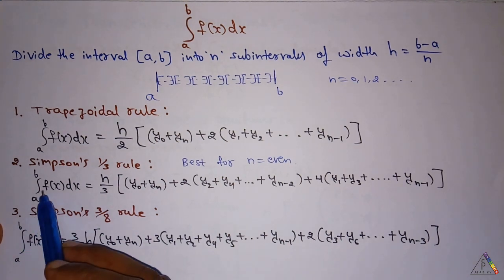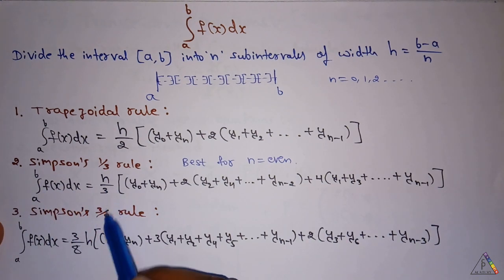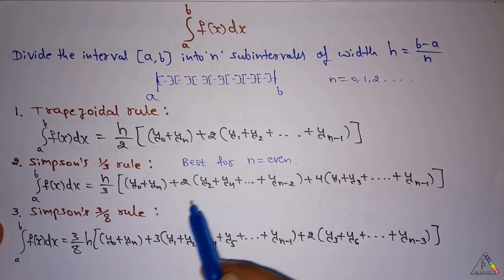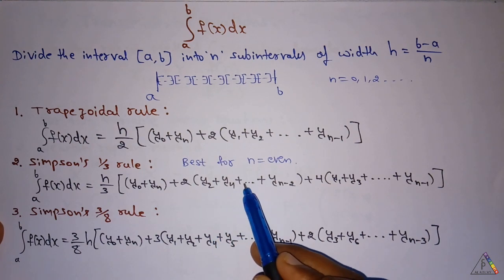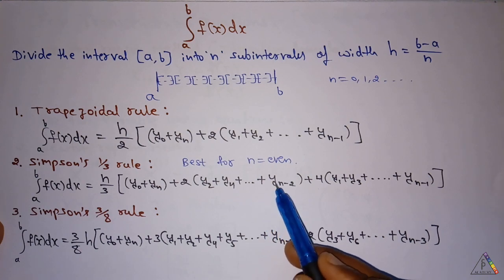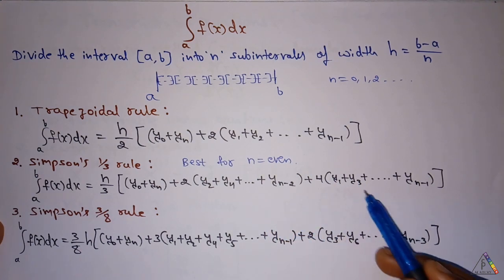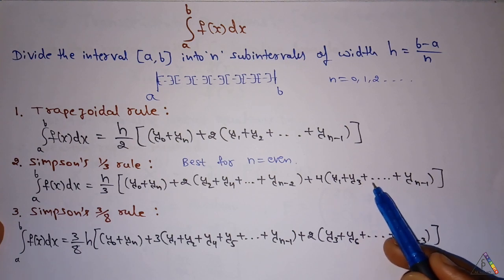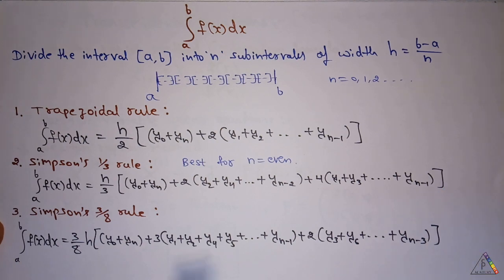For the integral from a to b of f of x dx equals h by 3 into [y0 plus yn plus 2 into (y2 plus y4 plus y6 plus so on up to yn minus 2) plus 4 into (y1 plus y3 plus y5 plus y7 plus so on up to yn minus 1)].